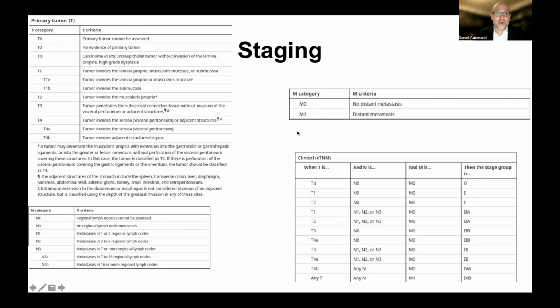And then together, the T, N, and M come together to make a final stage. And so you can see, as an example, a very early stage T1, N0, M0 would be a stage 1, as opposed to a T3, N0, M0 would be a stage 2B, as opposed to finally, if you have metastatic disease, any T or any N would lead you to be called a stage 4 cancer.